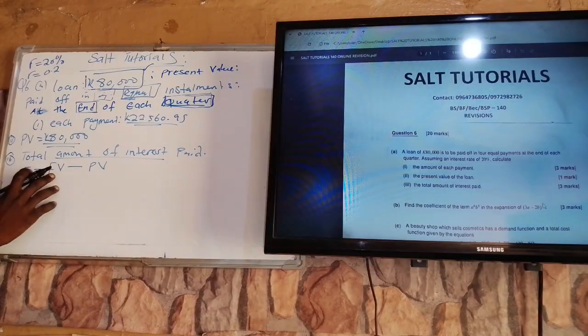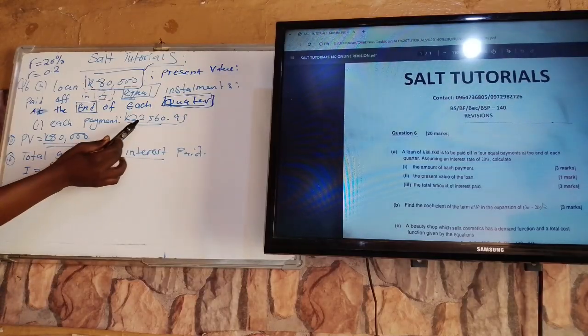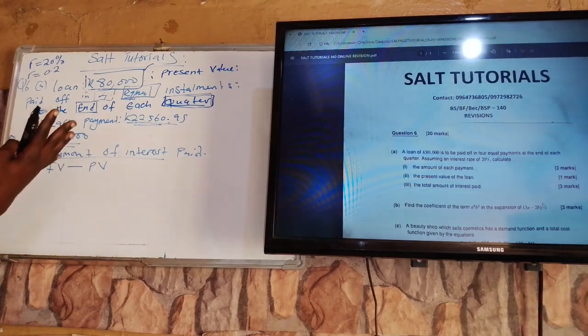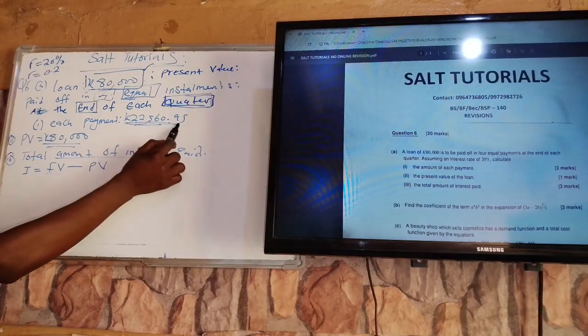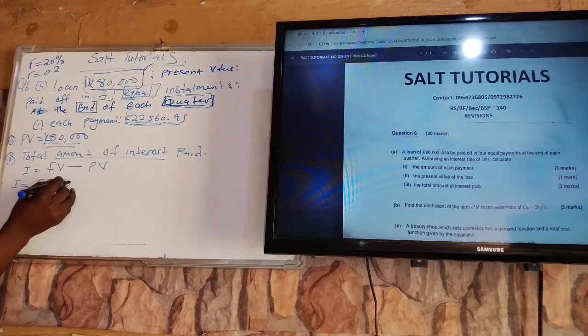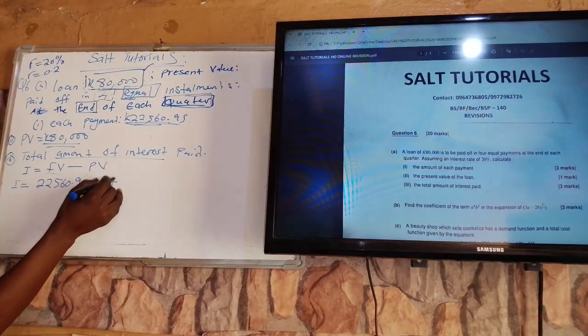The future value is how much you are paying in total. If you are making these equal payments 4 times, it is direct and straightforward. The first payment will be this, and the other payments will be the same, for 4 times. So the future value will be this amount 4 times. So my interest will be equal to the equal payments, 22,560.95, multiplied by 4.